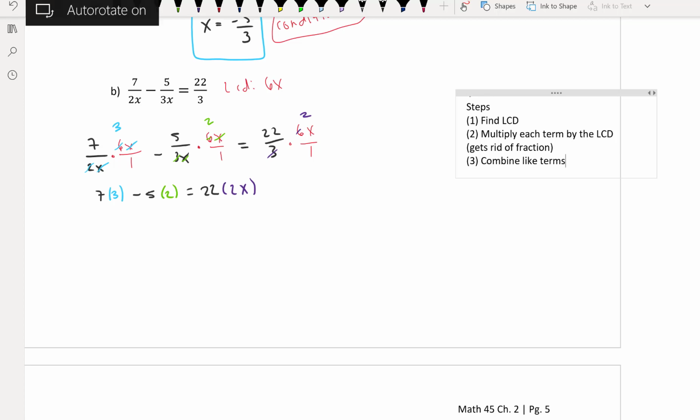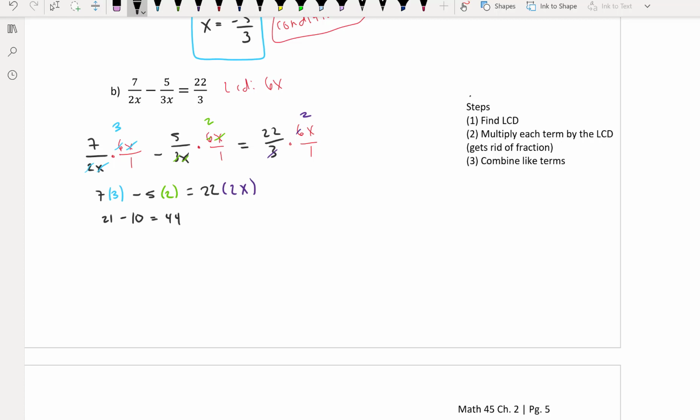When I combine these like terms, I'm going to have 7 times 3, which is my 21, minus 5 times 2, which is 10, and 22 times 2x, which is going to be my 44x. And again, combining like terms, 21 and 10 are like terms, so 21 minus 10 gives me 11, and that's equal to my 44x, okay?